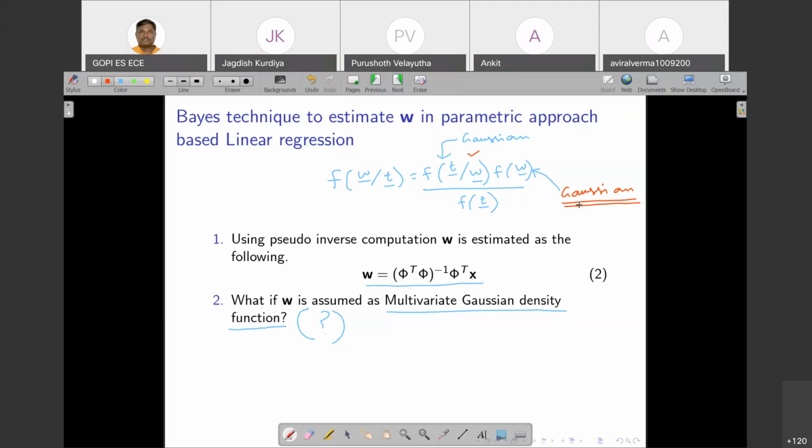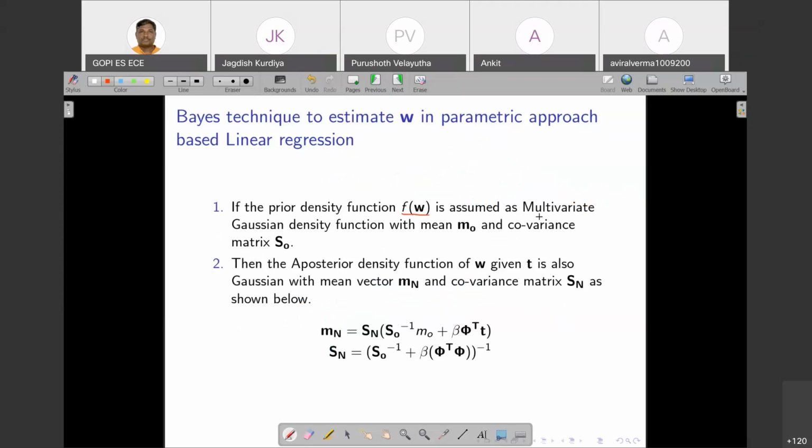W has a density function with a mean and covariance matrix, right? Because W is basically a vector. To be more precise, it starts with W0 and ends up with W M minus 1. There are M elements in it. It's a vector.